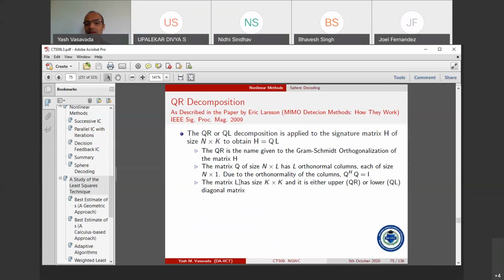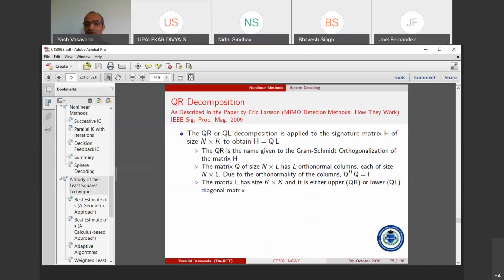If we start from the first column of Q and go to the last, then we may have L as an upper triangular matrix, and then it is called QR decomposition of H. On the other hand, if we go from the last column of Q and come to the first column of Q, then we will have a lower triangular L matrix, and in that case, it is called QL decomposition.